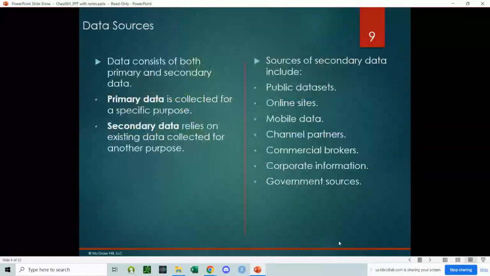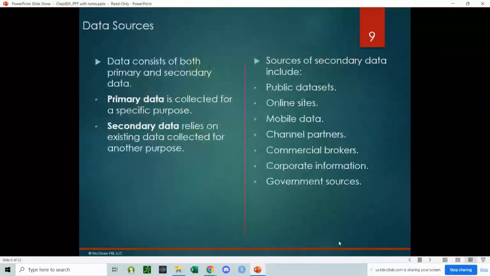Okay, data sources. Data sources can be either primary data that was collected for a specific purpose, or more often, as an analyst, you're going to use secondary data, which is data that already exists. You can pull it from the internet, or it's something somebody else collected, and now you need to utilize it to make a decision. Secondary data is good for many purposes and can assist with generating ideas to ask the right questions.